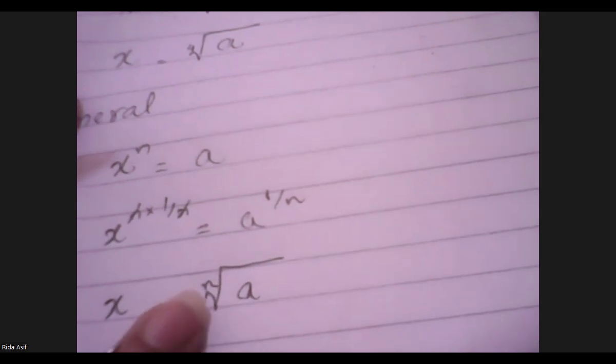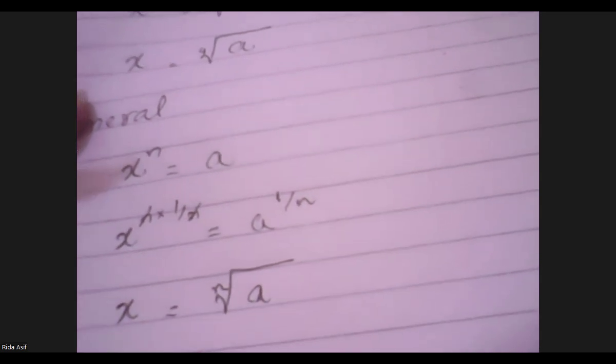We get x is equal to a with the radical sign having index n, right? So we will say the nth root of a. Here n is the index and a is the radicand. Get my point?